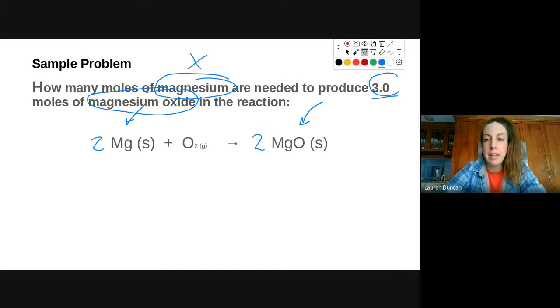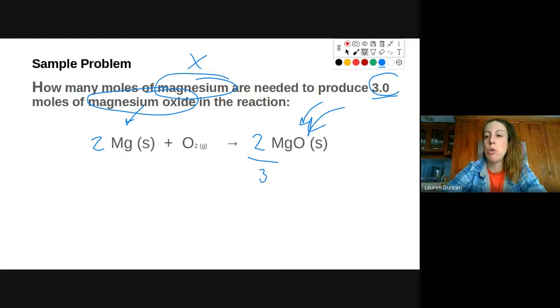I was given 3 moles of magnesium oxide in the reaction. That's how much of this substance I want to make. So I go to my given in the balanced chemical equation, and under its coefficient, I would put the moles of that substance I'm trying to make.